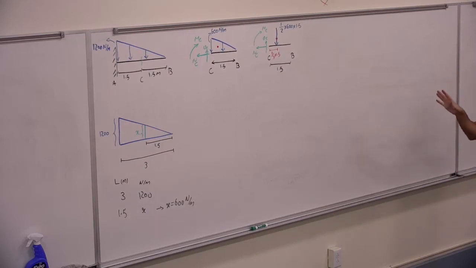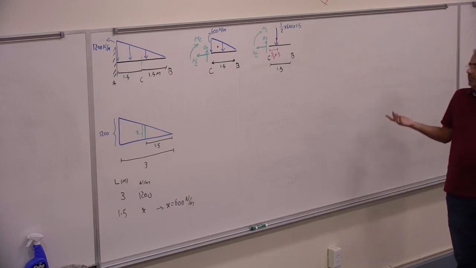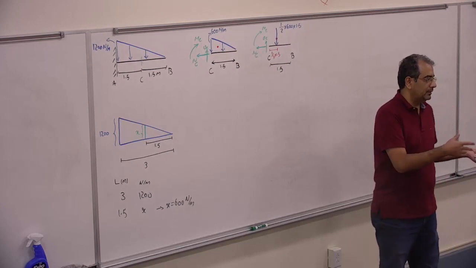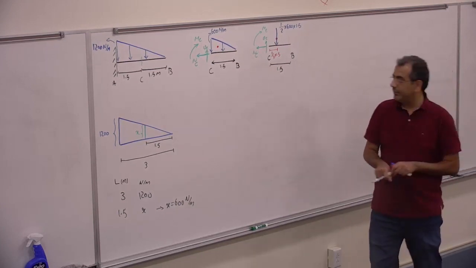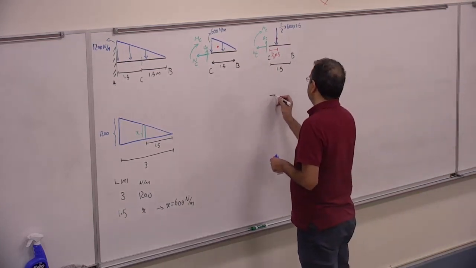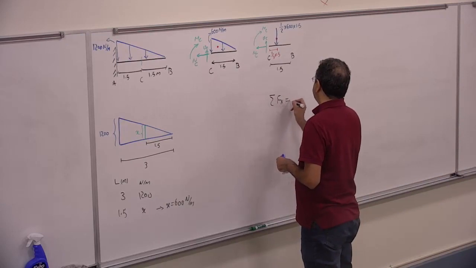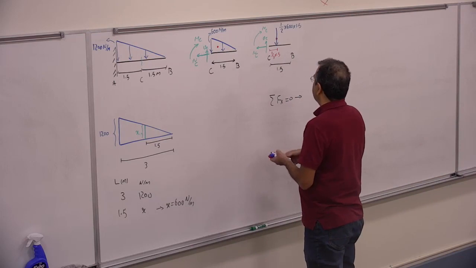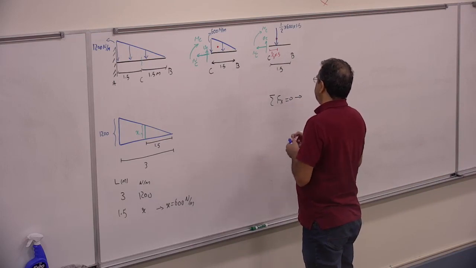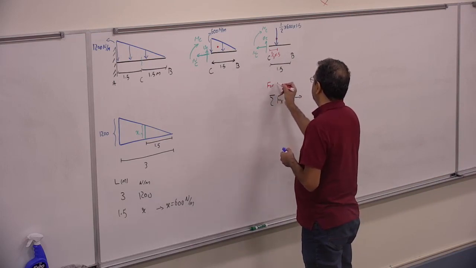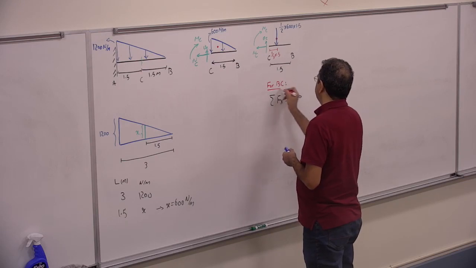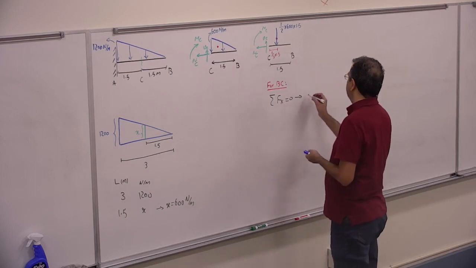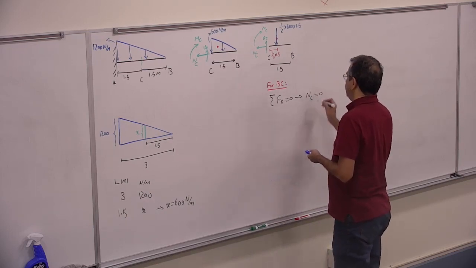Is it clear up to here? So the next is relatively straightforward. Sigma of x is 0, sigma of y is 0, sigma of moment is 0. So for BC, if sigma of x is 0, NC would be 0.